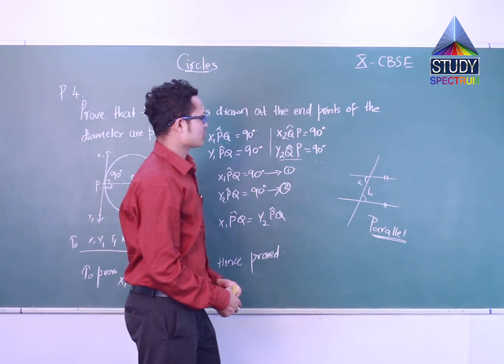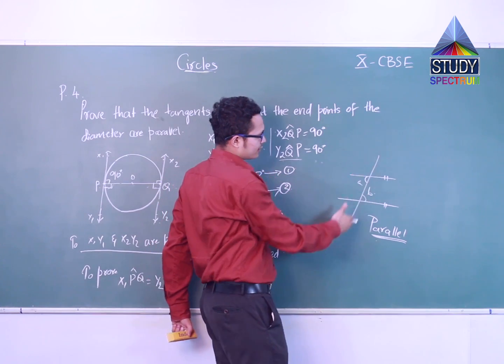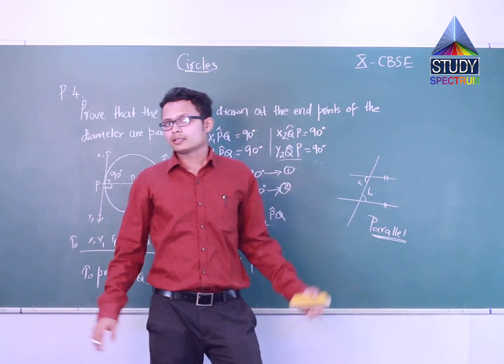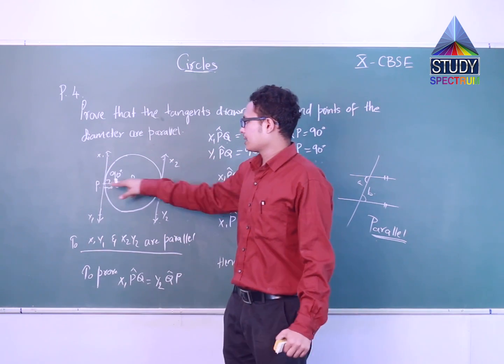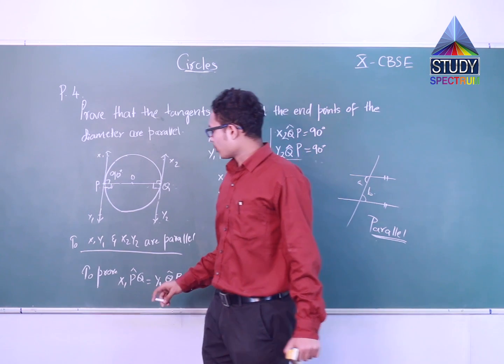We are using the same concept here, with only a small difference: the intersecting line intersects at right angles in this case, from theorem 10.1.